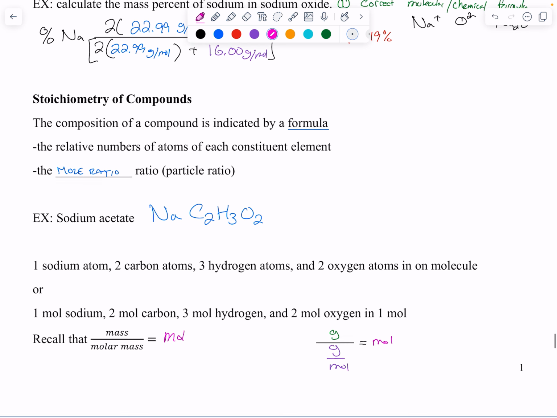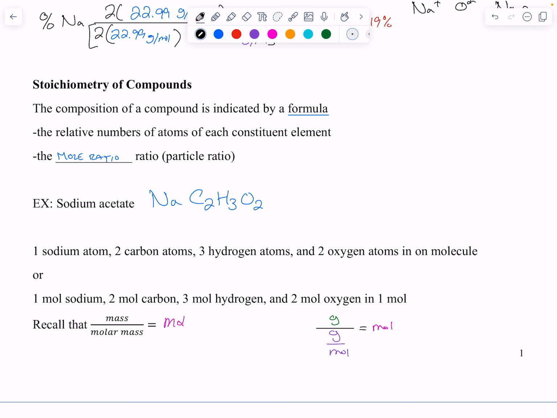And so calculations, typically, usually involve converting a mass ratio into a mole ratio.